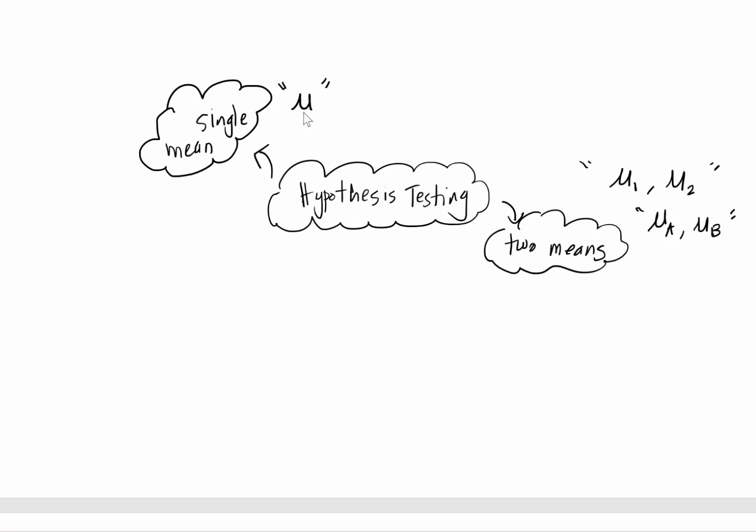For the single mean, we have two types. The first one is when the population standard deviation is known, and the second is when the standard deviation of the population is unknown.